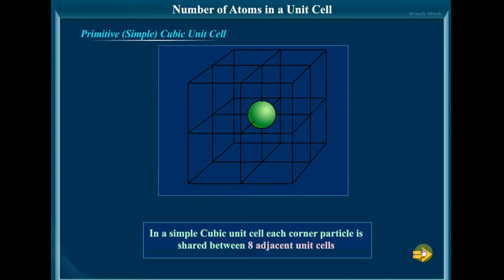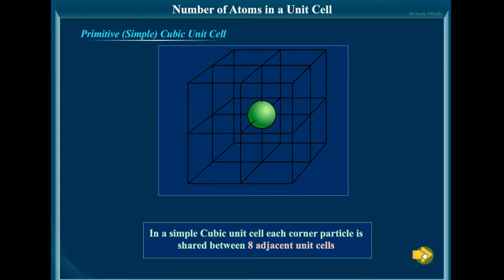Now, consider a particle at the corner. In a simple cubic unit cell, each corner particle is shared between 8 adjacent unit cells. Each smallest part is called the unit cell, and when a particle is at the corner of the unit cell, it is shared by 8 adjacent unit cells.